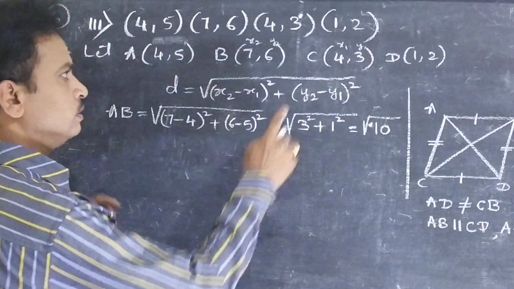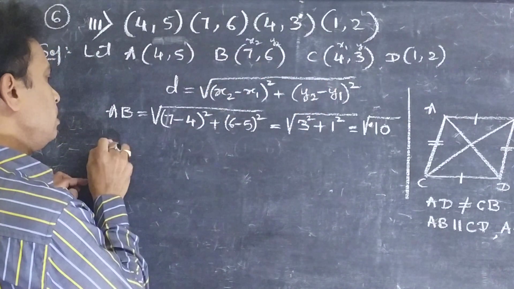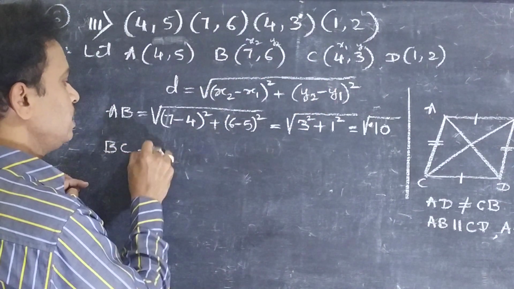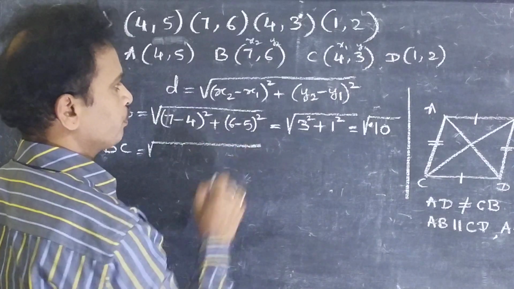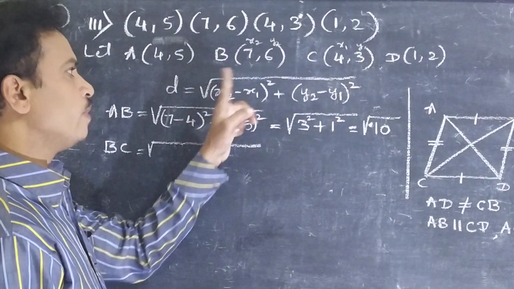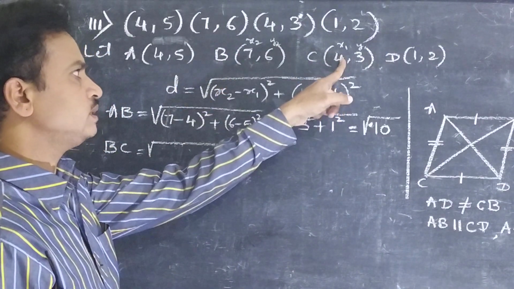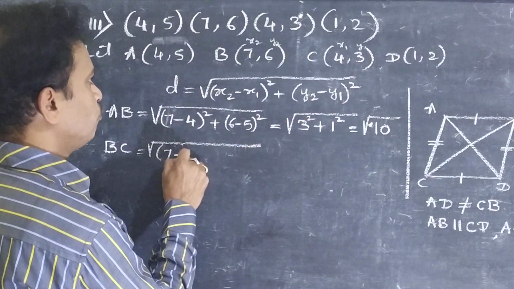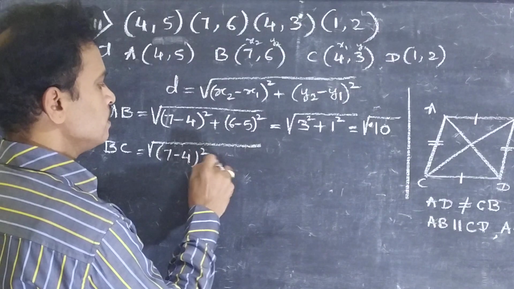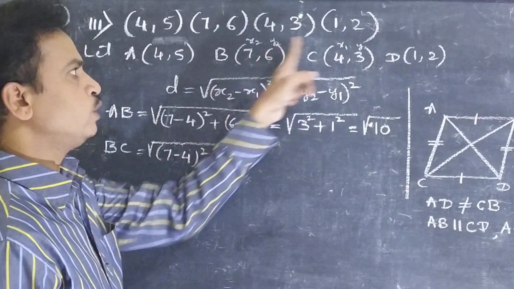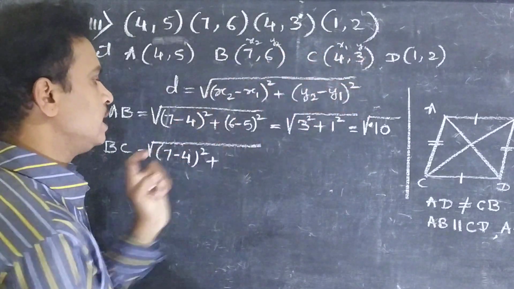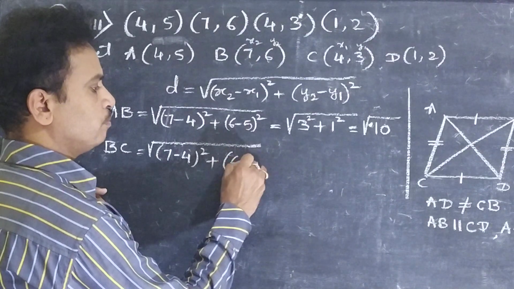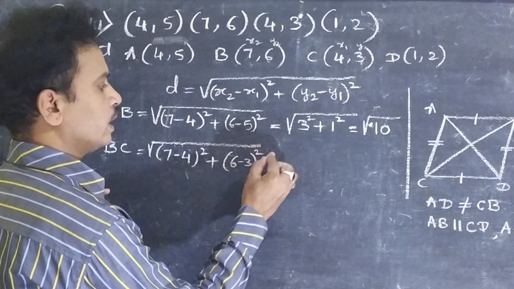Now BC, the distance between B and C, is x2 minus x1, 7 minus 4 whole square plus y2 minus y1, 6 minus 3 whole square.